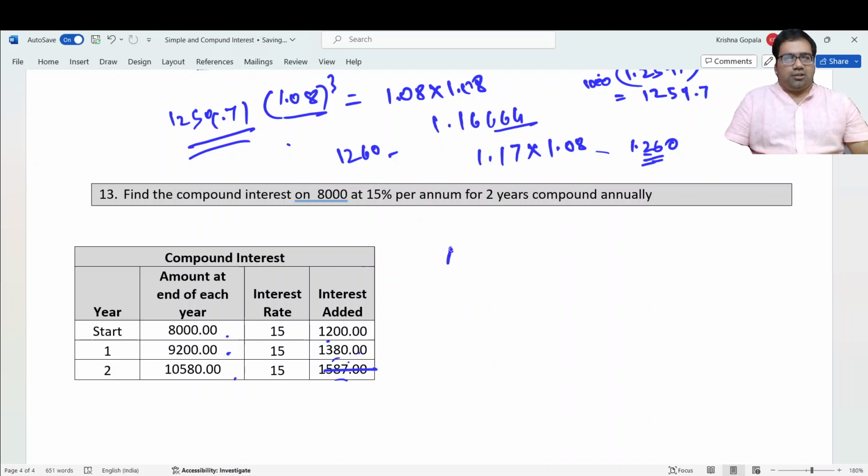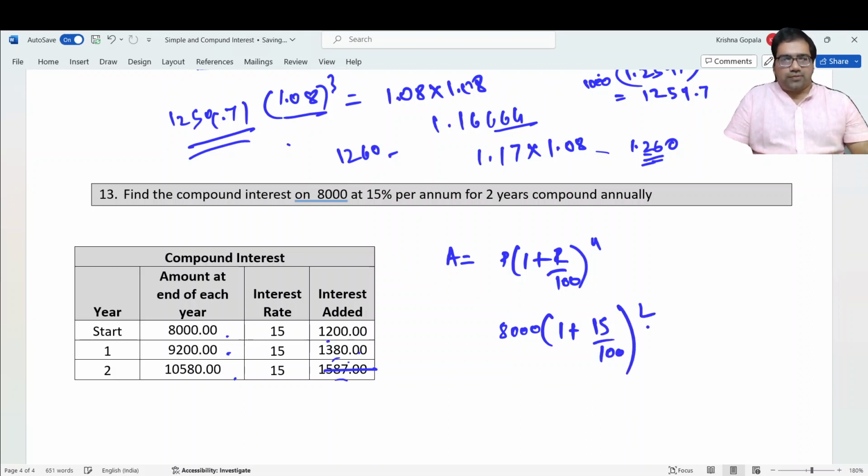Another way is amount is equal to principal into 1 plus r by 100, whole power n. So principal is 8,000, 8,000 into 1 plus 15 by 100, whole square. 1 plus 15 by 100 is 1.15 square into 8,000. 1.15 square is 1.3225.